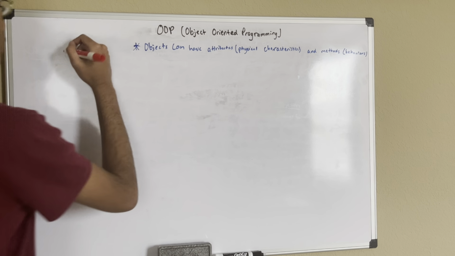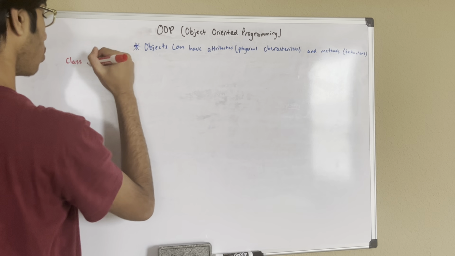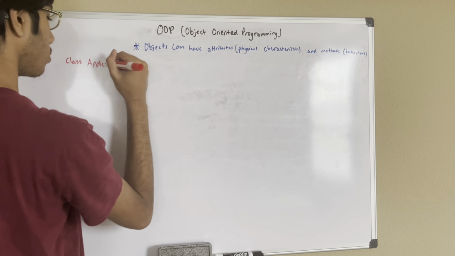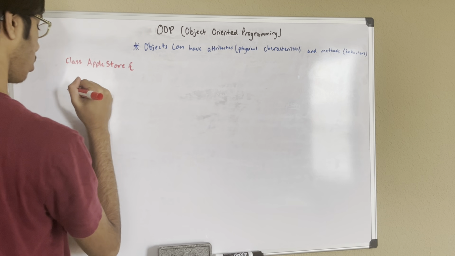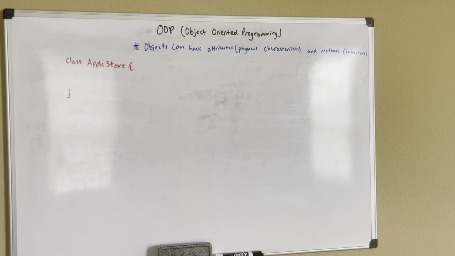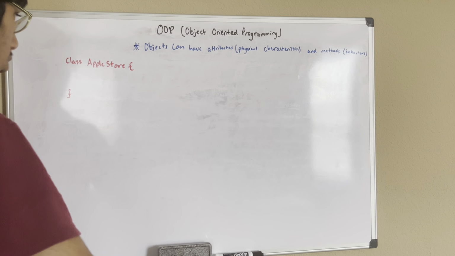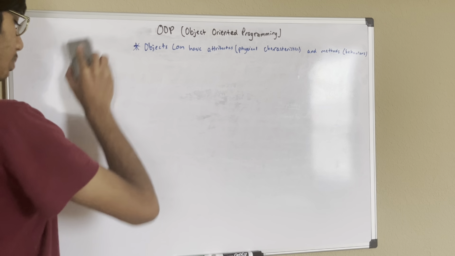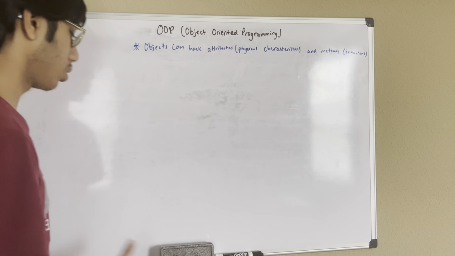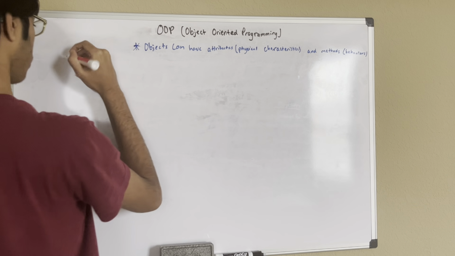So we have a class. We call it the Apple Store. Let me make this my main class, because I want another class later.